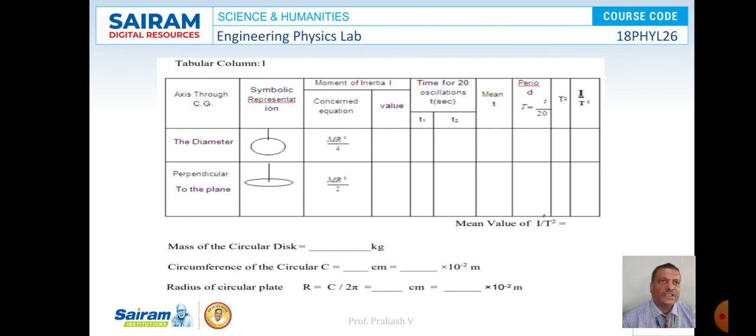In both cases we measure the moment of inertia I, and T is calculated. Finally, I by T squared for both cases is recorded. It is observed that the I by T squared value is the same or constant for both cases, and the average value of I by T squared will be recorded.